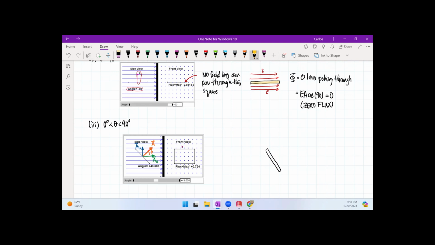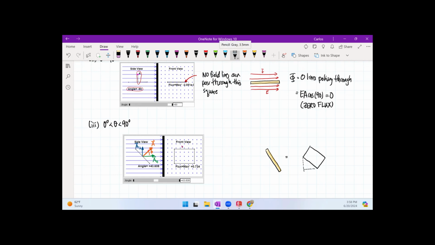This is, again, a side view. The way I drew it earlier is that I said, suppose I have a rectangle that looks like this, and then I tilted it off to an angle.